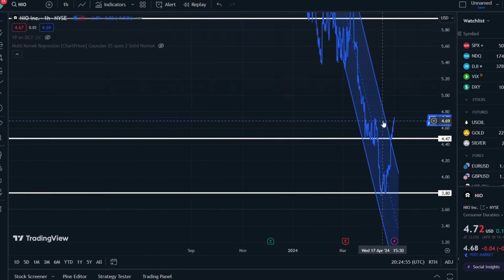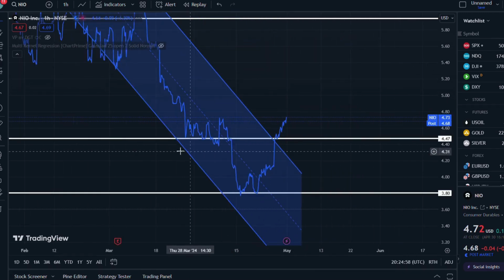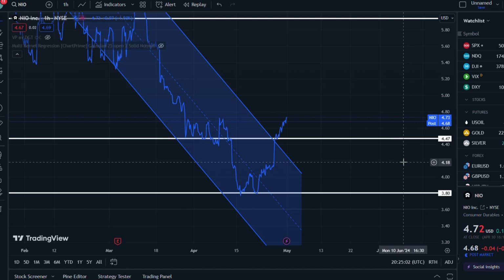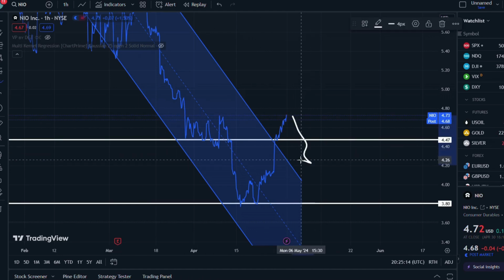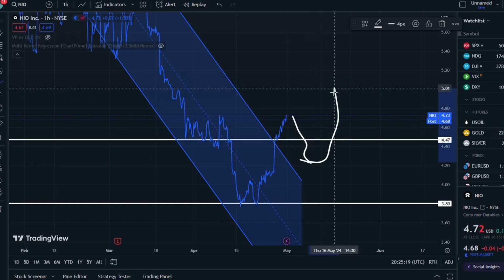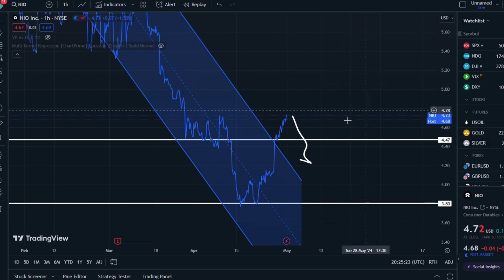As I said, this level has already been tested many times, and I believe it has some strength at this price, maybe not exactly here, because NIO has big volatility, and NIO's price can fall, for example touch here, make a fake breakdown and come back again.